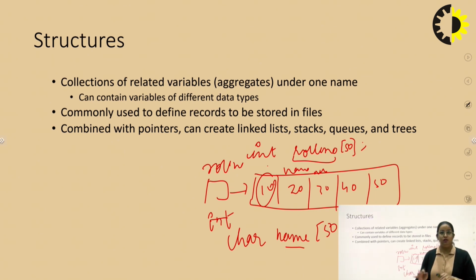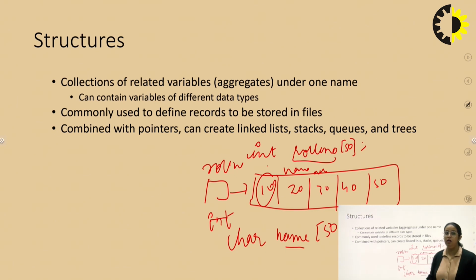So to overcome the limitation of arrays, we introduce a new term, that is structures in C. Now, what is a structure? As its definition says, a structure is a collection of related variables under one name. That means we declare a single variable, and in that variable we store multiple types of data.